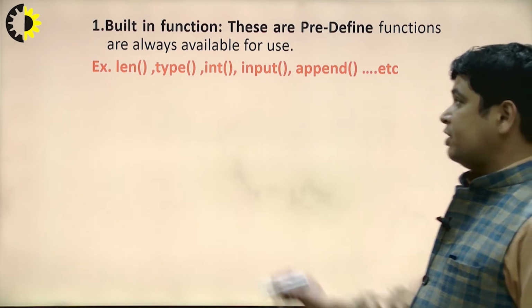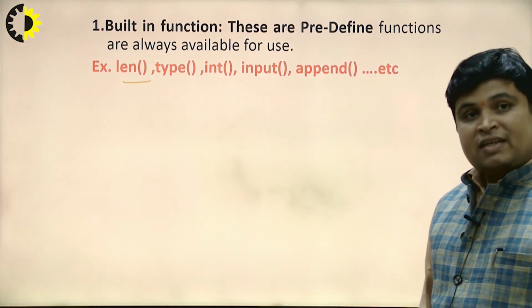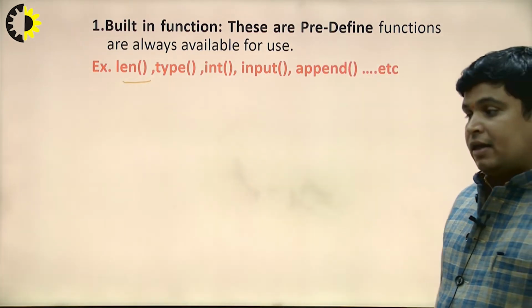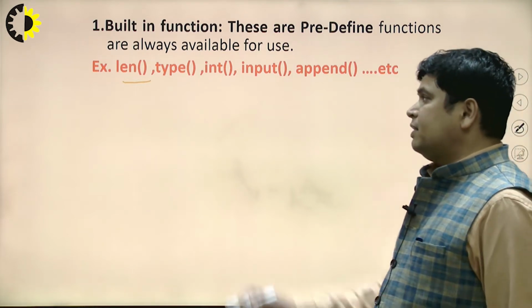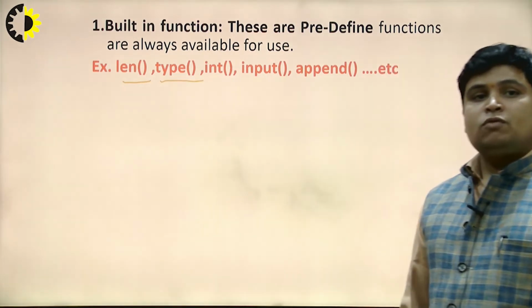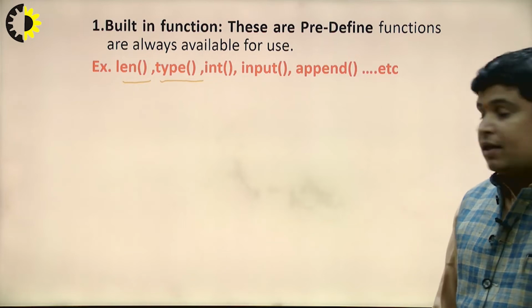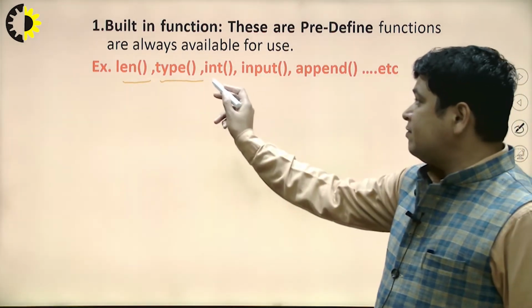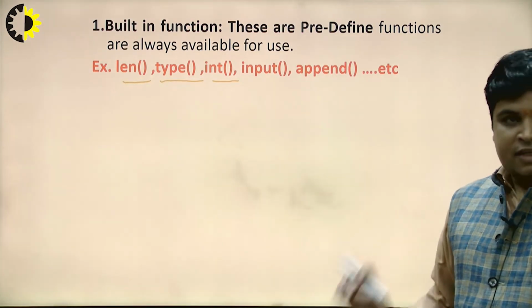Basically the len function finds out the length of a string, the length of a list, the length of a tuple, and the length of various types of data structures. Basically this is a built-in function. Second one is type. Type is used to find out the particular type of any data item. This is the typecast function int, which is used to change any type into the integer data type.